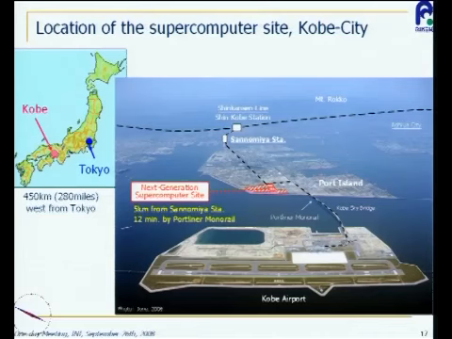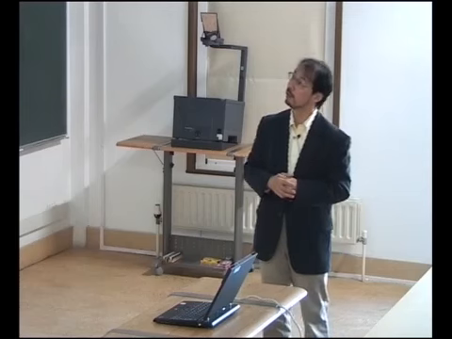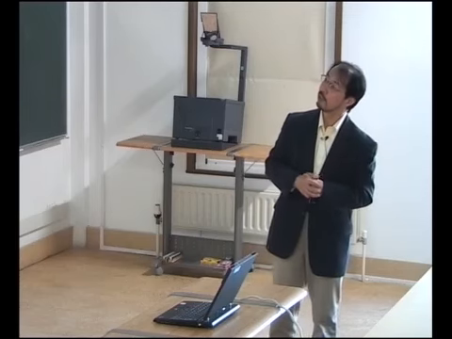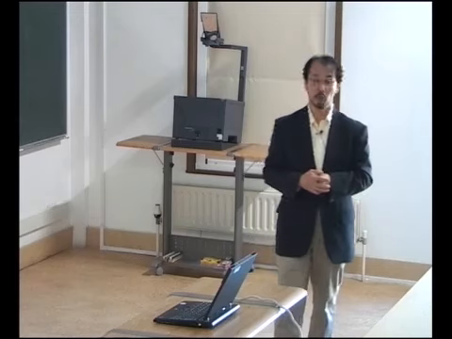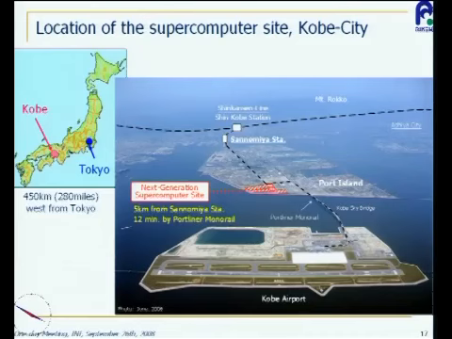There is Kobe Airport near the site, and we can access it from Tokyo by Shinkansen, the bullet train, and from Sannomiya station, it takes 12 minutes by Port Liner monorail.